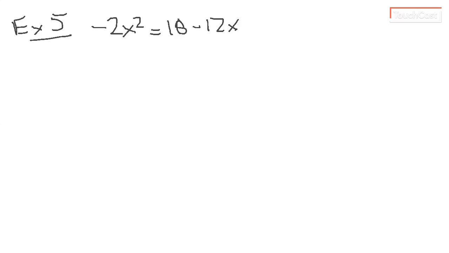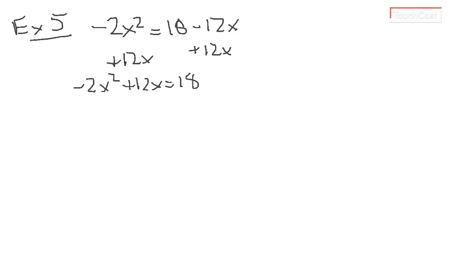So I'm going to add 12x to both sides, get negative 2x squared plus 12x equals 18, and then I'm going to subtract 18 on both sides. So I'm going to have negative 2x squared plus 12x minus 18 equals 0.